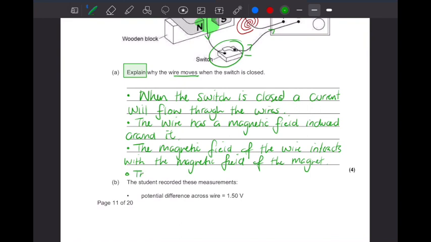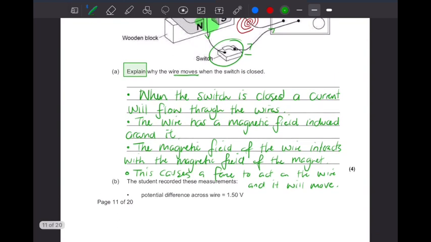So this causes a force to act on the wire and it will move. Just like when you bring two magnets together, they move because there's a force, either a force of attraction or a force of repulsion.